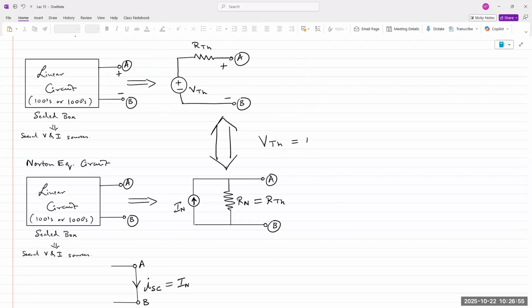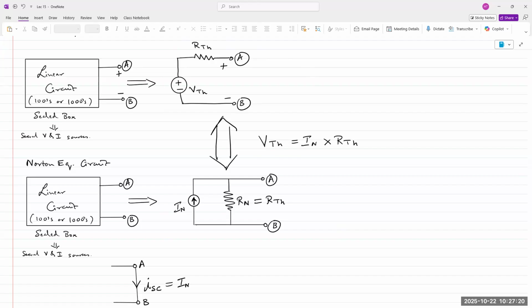So VTH is equal to IN times RTH. In the final exam, I'm going to ask you to find all three quantities independently. Okay, no shortcuts. Meaning you find VTH independently, you find IN independently, you find RTH also independently.